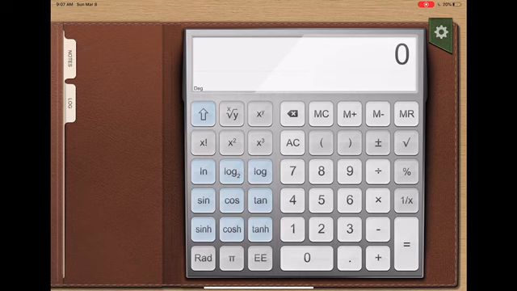Now, if my calculator were to assume that the basic operation is multiplying, and of course with exponents, the fundamental operation at the bottom is multiplying. That's why 10 squared is 10 times 10.